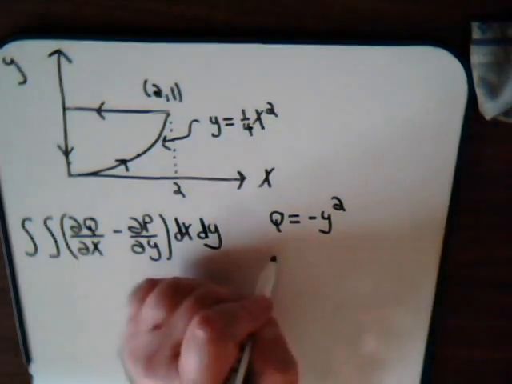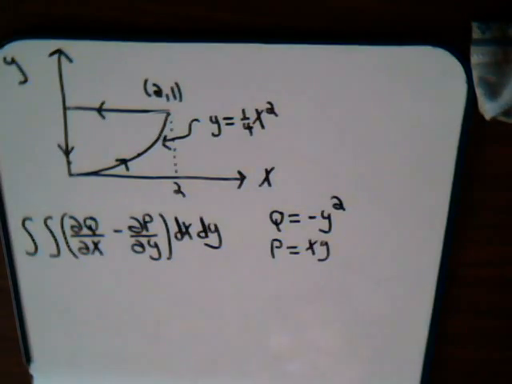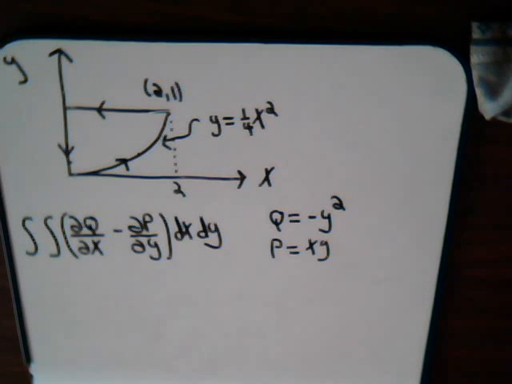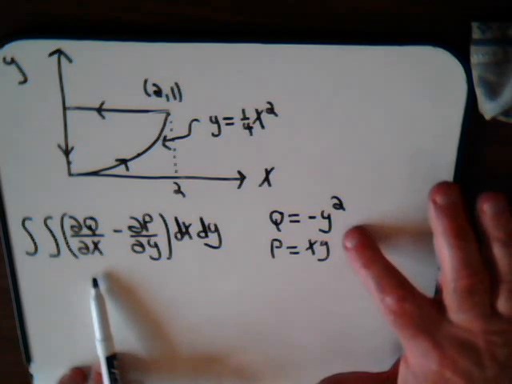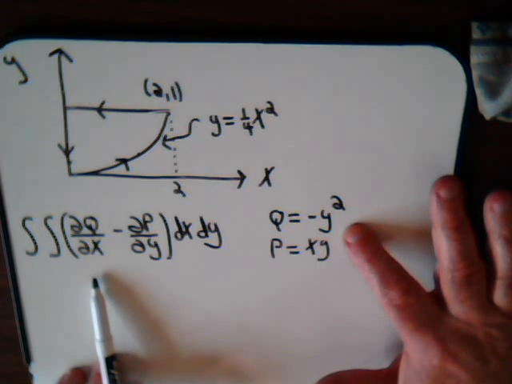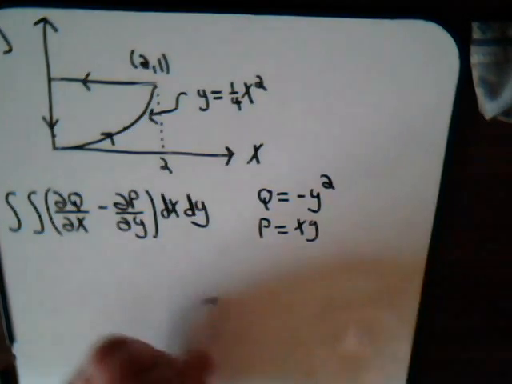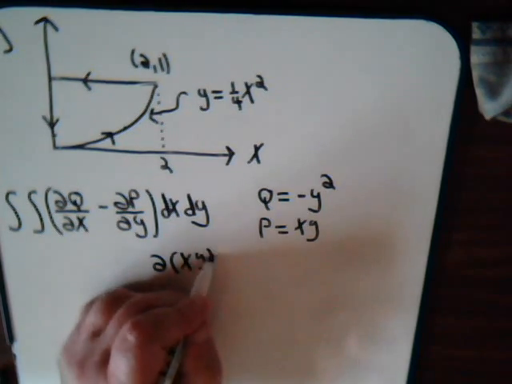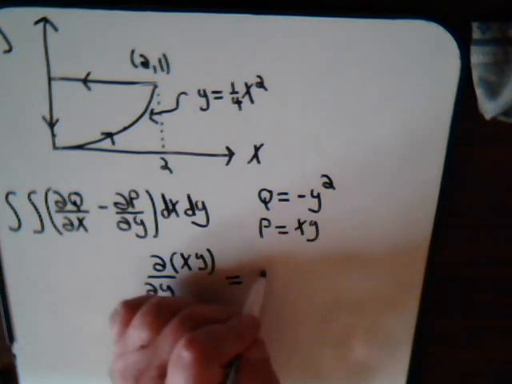And P, that was x times y. When we were working with the line integral, we had xy dx minus y squared dy. The partial of Q with respect to x, that's taking the partial of minus y squared with respect to x, that's going to be 0. And then the partial of P with respect to y, that's taking the partial of x times y with respect to y, that just equals x.